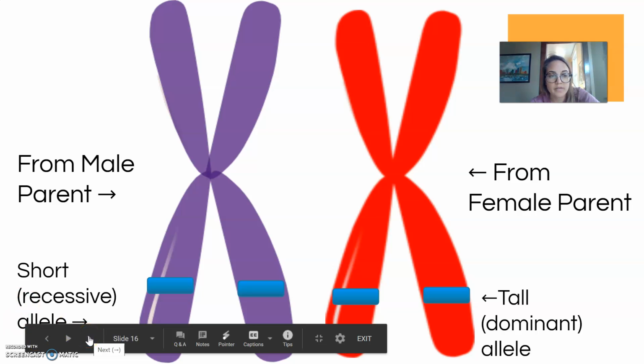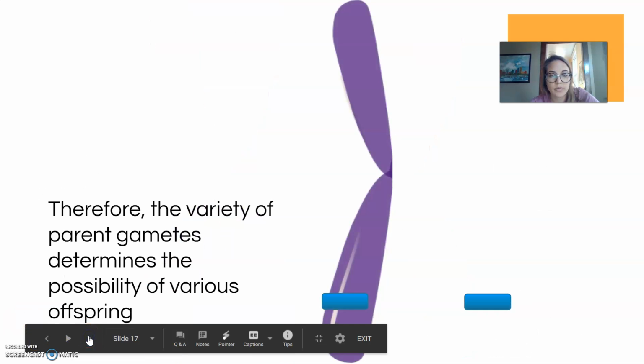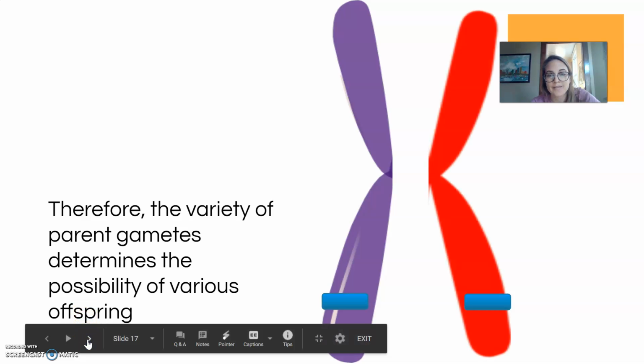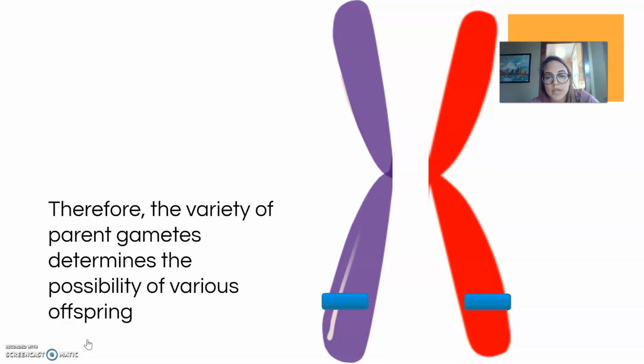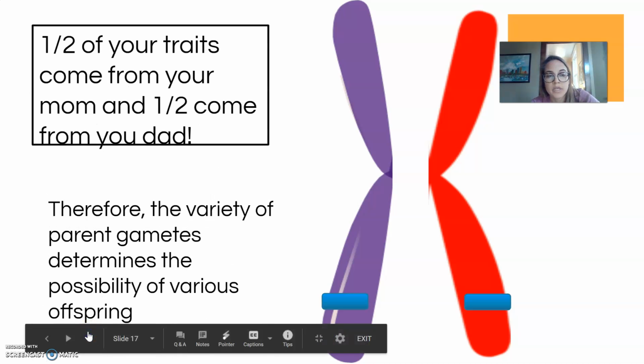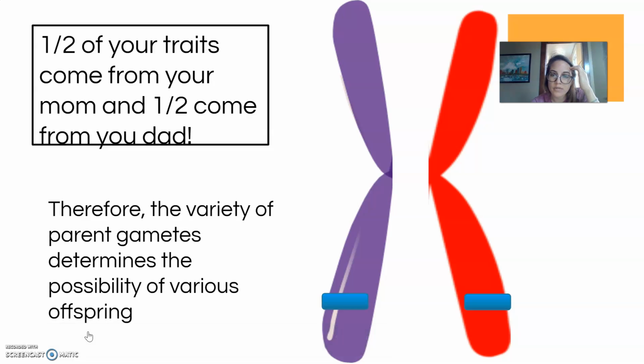So the parent has two sides of a chromosome, but when a sex cell is created, it's only going to pass down one half of that chromosome. And so depending on which half you get, you're going to have a variety of offspring in the children or offspring of that genetic cross between half the mother and half the father's traits.